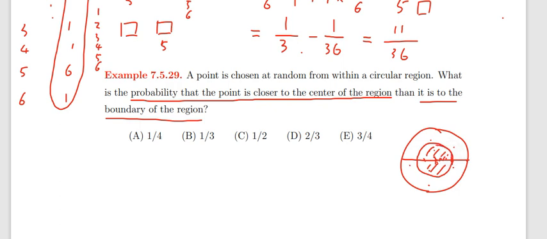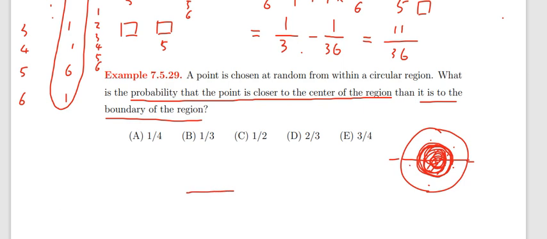Okay, so the probability is, we pick a point from this circle. What is the probability? We just pick it from the inside. So we just check the area.